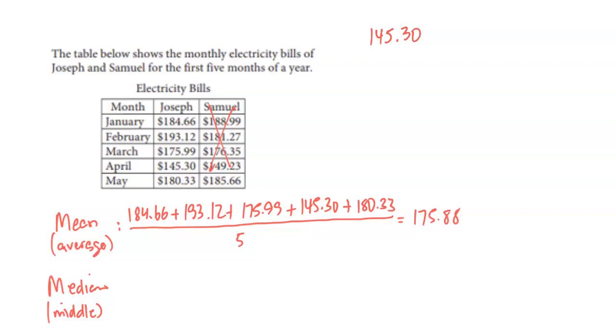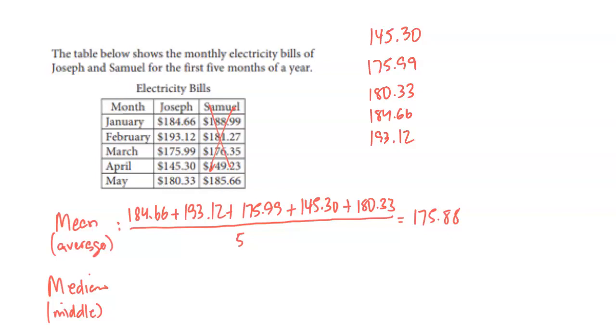The next smallest amount would be March, 175.99, and then you have May at 180.33, and then January at 184.66, and then finally February is the most expensive month, which is a little ironic since it's the shortest month of the year, but it's the highest electricity bill here at 193.12.